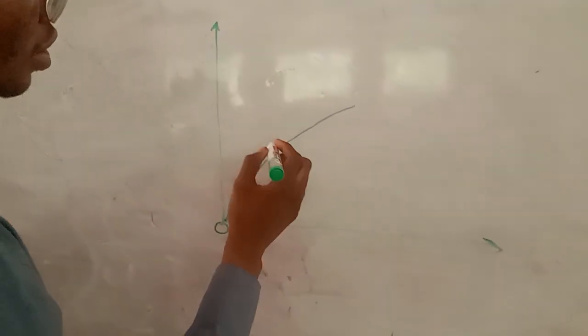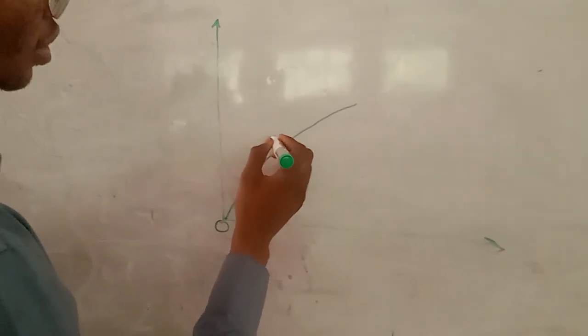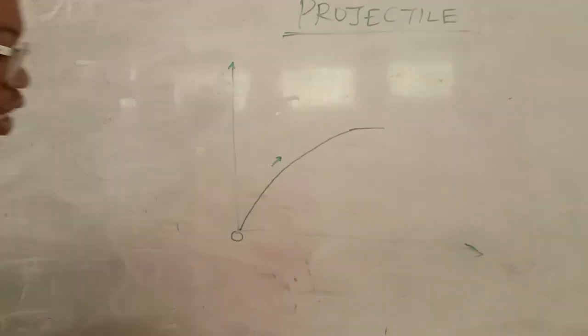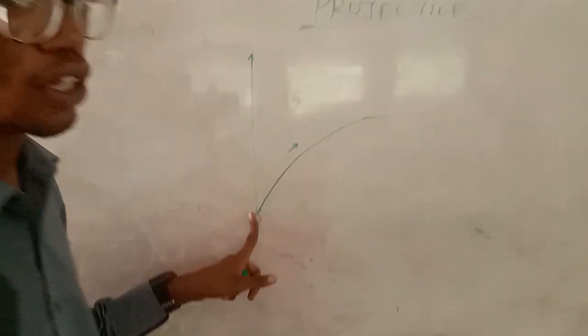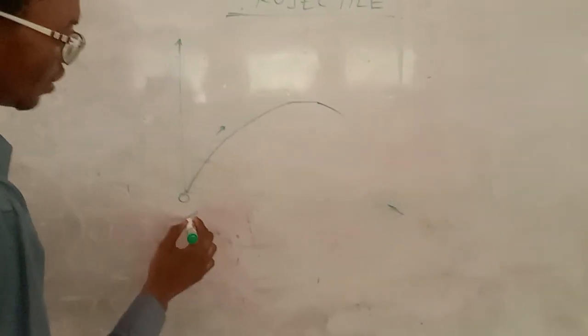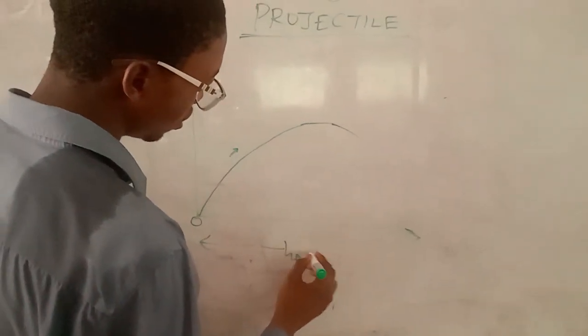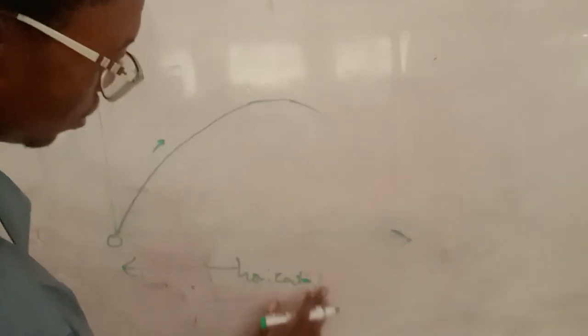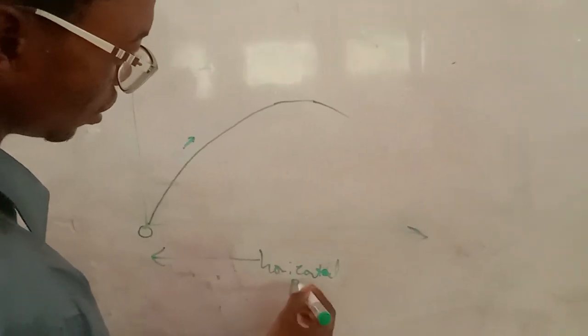Let's say this is the object, it's thrown from here. Now, the point at which it's thrown to the point at which it will land is what we call the horizontal range.